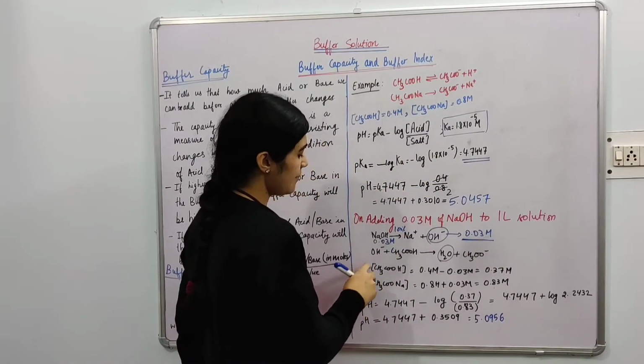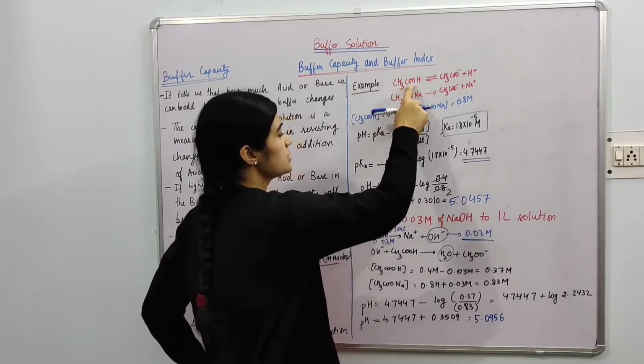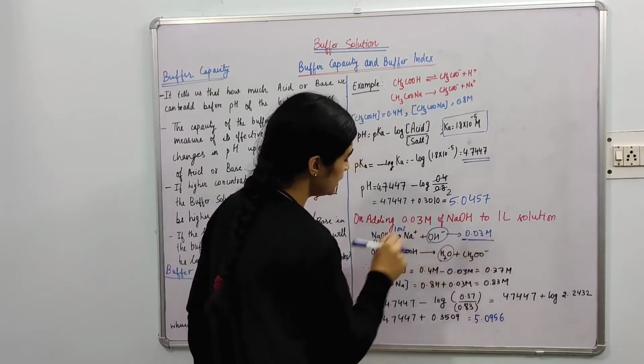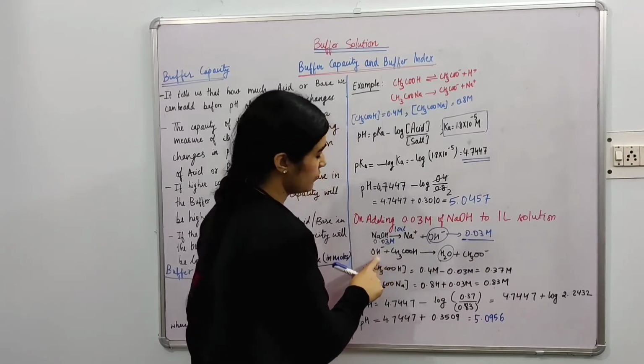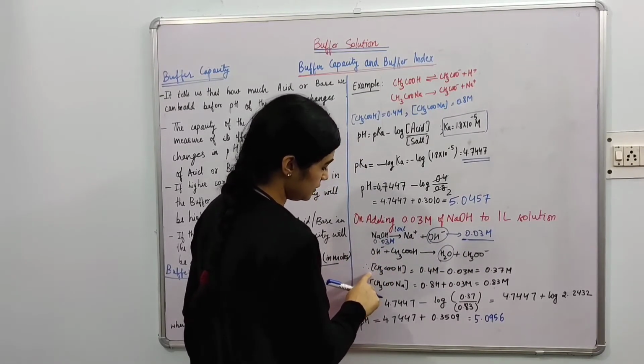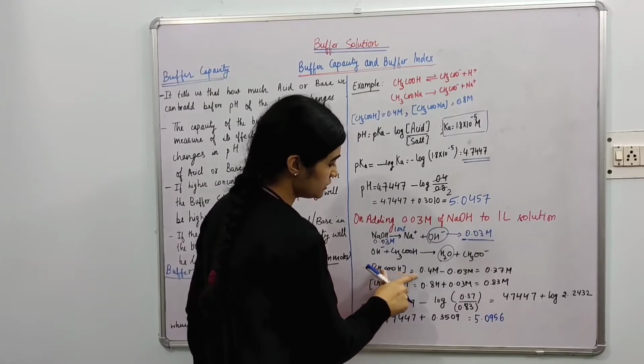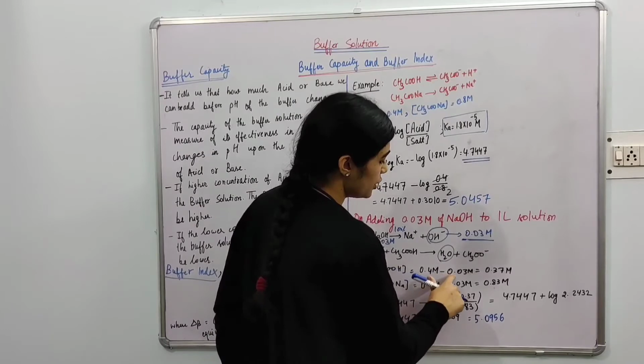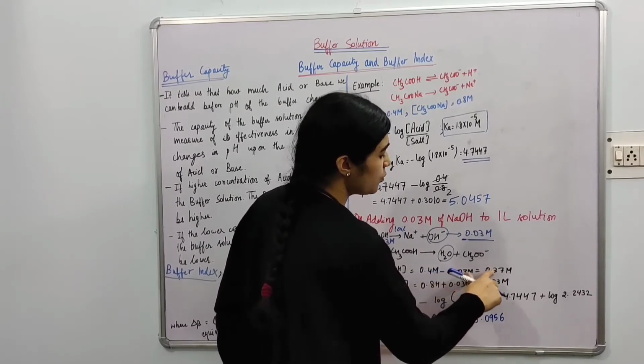So the concentration of acetic acid changes from 0.4 molar minus 0.03 molar, equal to 0.37 molar.